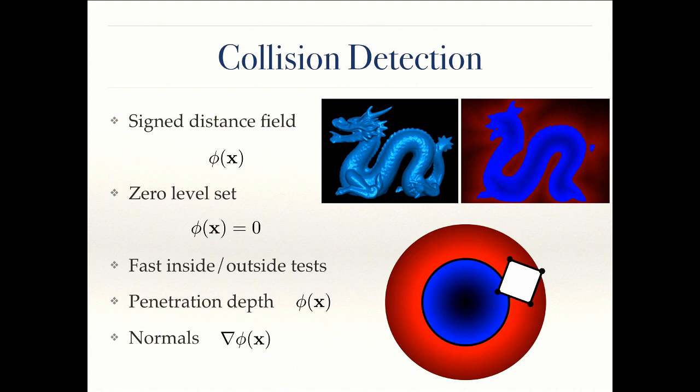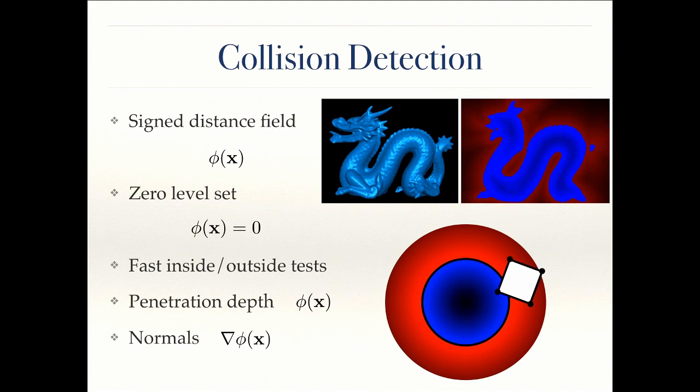And since it's a distance field, the value this function takes on will actually be the distance to the closest point on the surface. So these can be a useful function for collision detection, because, for example, if I have this circle here and this signed distance function for this circle, and I want to know if this square is colliding with my circle, I can test the vertices of my square by plugging them into this function.